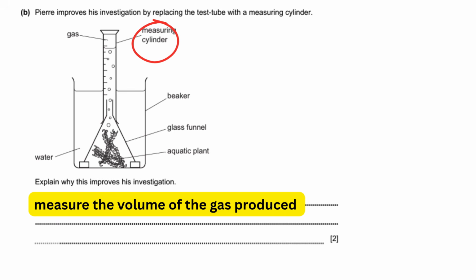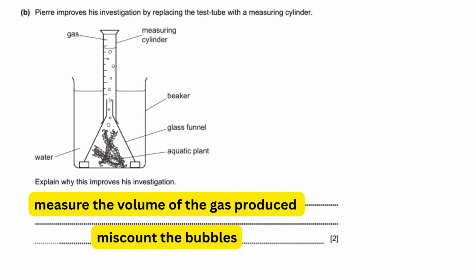Because counting bubbles sometimes is not accurate, as we might miscount the bubbles, and sometimes also a big bubble that has a large amount of oxygen is produced, other times a small bubble will be produced having a small amount of oxygen. So we don't consider the size of bubble. And now I'm saying that measuring the volume of oxygen using a measuring cylinder is better. It will give an accurate result for knowing the exact volume of evolved oxygen within a certain period of time.